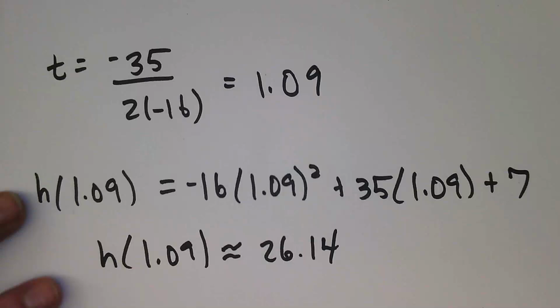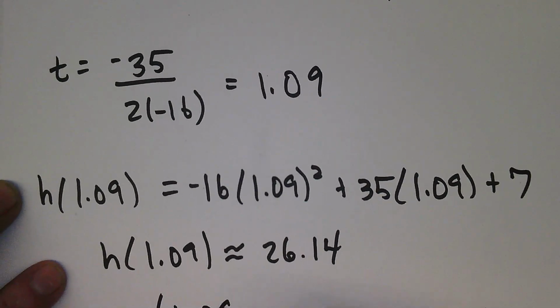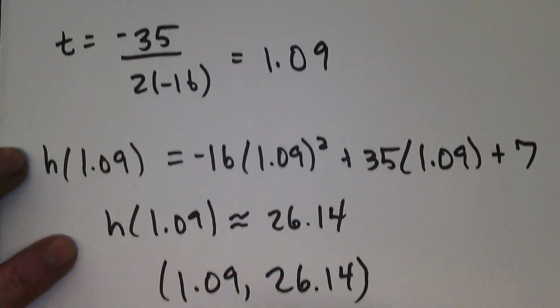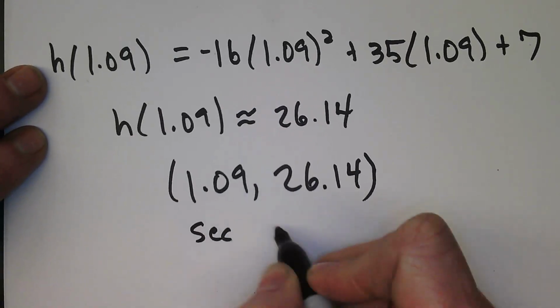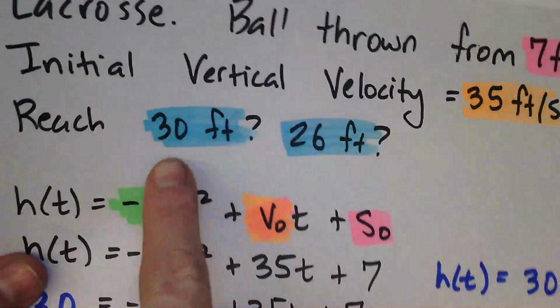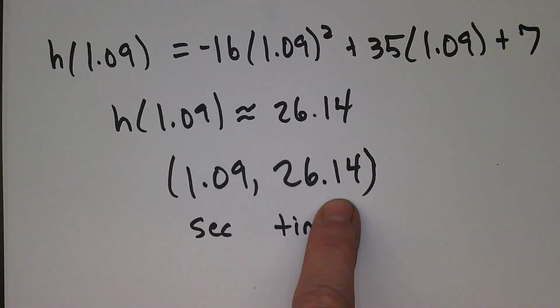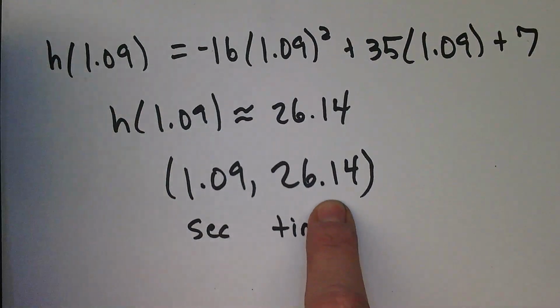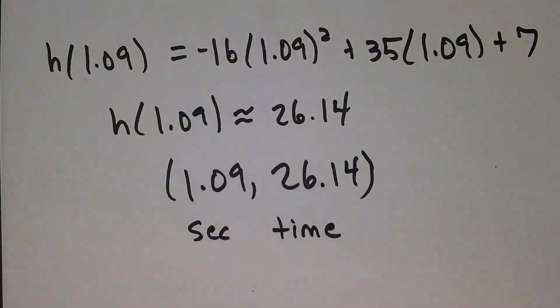So that means at my vertex, 1.09 seconds, I'm at 26.14 feet. If I know that's the highest that I go, then I can go back and say, no, it's not reaching 30 feet. The highest it gets is 26.14. It is reaching 26, just barely, but it does make 26 feet.